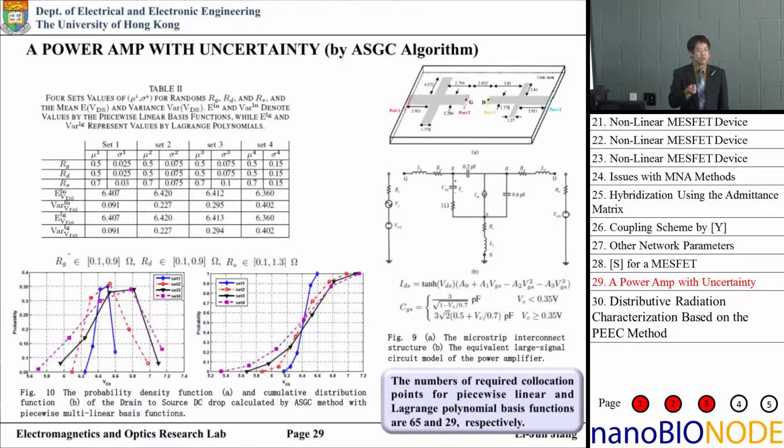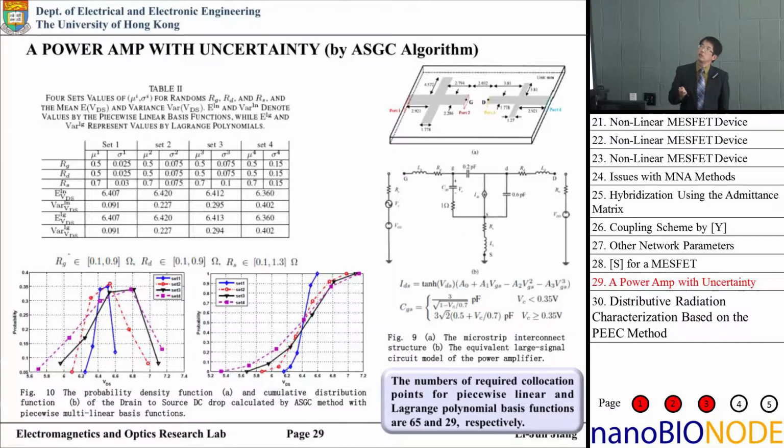A very popular one is Monte Carlo, but it's very slow. So here we use a so-called adaptive sparse grid collocation method. It's much faster than the Monte Carlo simulation, and it can be decoupled from the solving kernel so that we can easily integrate the sampling point selection process together with the DG simulation.